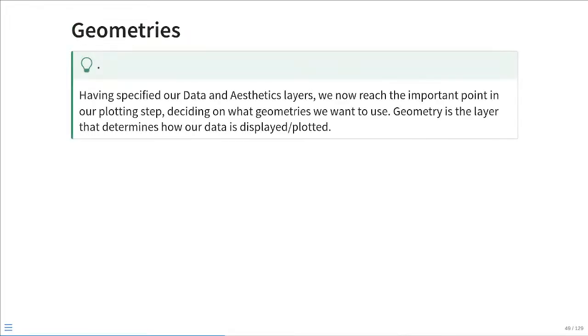All right, at this point, we built out our data and we built out the aesthetics layers. ggplot now knows that it wants us to use this particular set of data and look at time point and look at T-cell frequency. But now we're at the most important step when it comes to building the plot, namely deciding what kind of plot we want to build. So the geometry layer is that particular layer of a ggplot that will determine ultimately what the plot type is being displayed for our particular data set.